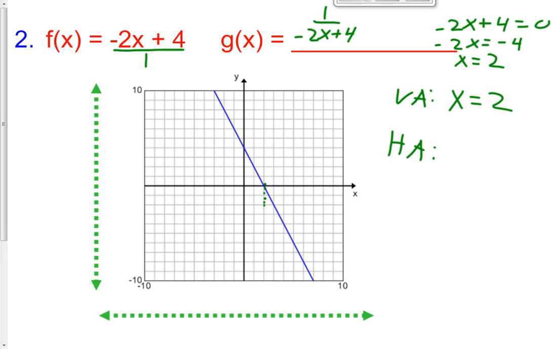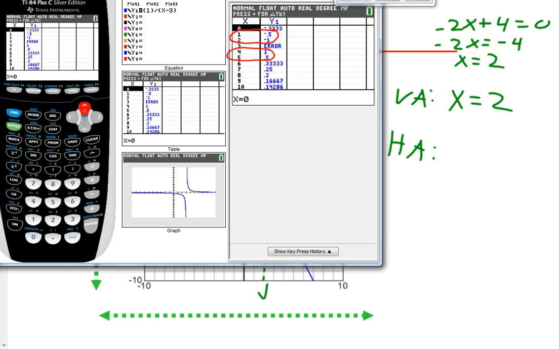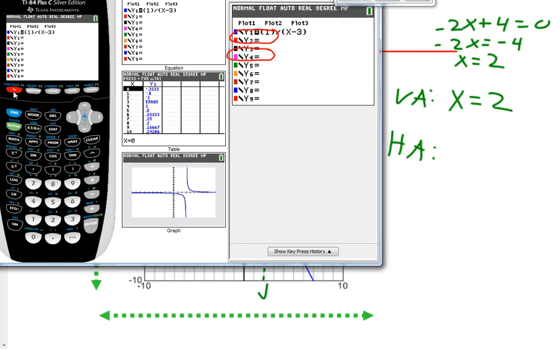Let's draw it in. X equals a positive 2. Our vertical asymptote, we're going to need to graph it, so let's take out our graphing calculators and let's graph this. 1 over negative 2x plus 4. Parentheses, 1, close parenthesis, divided by parenthesis, negative 2x plus 4, close parenthesis, graph.